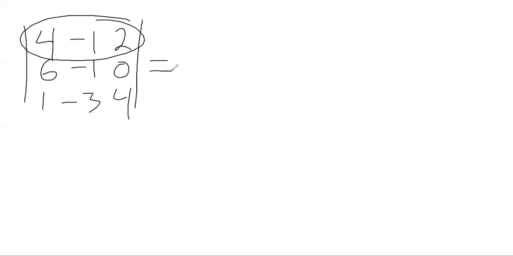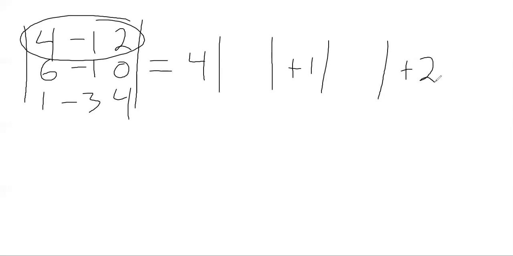So what I need to do is take each of those values and put it in front of a 2 by 2 determinant. So I'm going to have 4 times the determinant of something that we'll talk about in a second. I will have the opposite of the -1, so I'm going to say +1 times the determinant of something else, and then keep the sign on the 2 and have a determinant here.